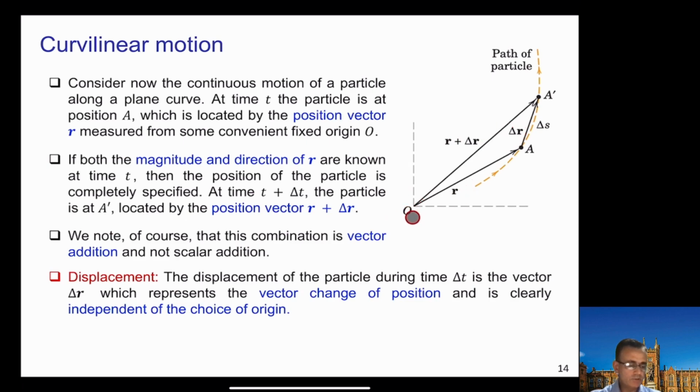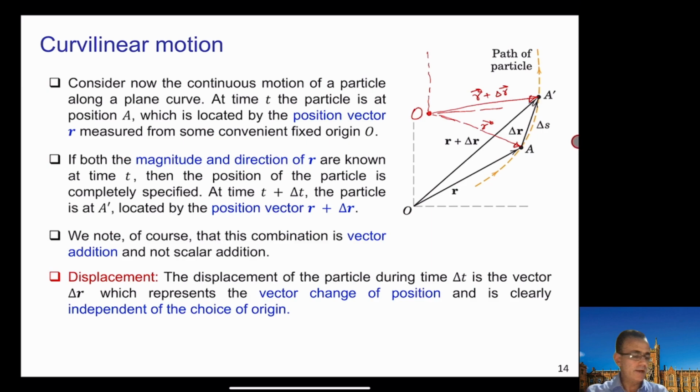If you change the O point, for example, to somewhere here, so this is our new O, then again the position vector of A, which is r, will be this point here, and the position vector of A dash will be this point here. This will be r plus delta r.